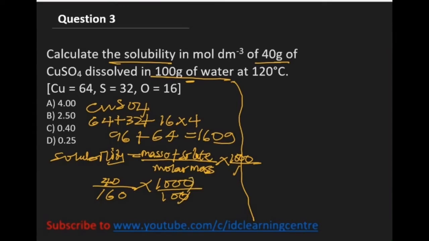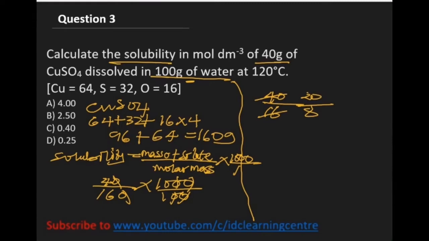One 0 cancels this 0, this 0 cancels this 0, and this 0 here cancels this 0. At the end of the day, we have 4 times 10, which gives us 40, over 16 times 1, which gives us 16. So we'll reduce them to the lowest possible value. 2 in 40 gives us 20, and 2 in 16 gives us 8.